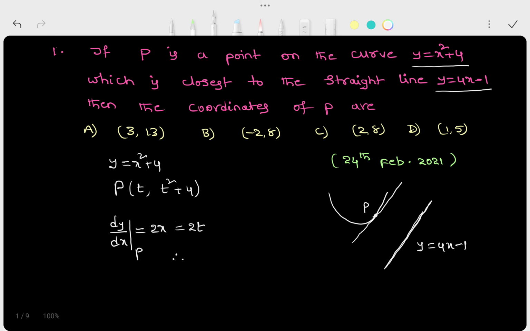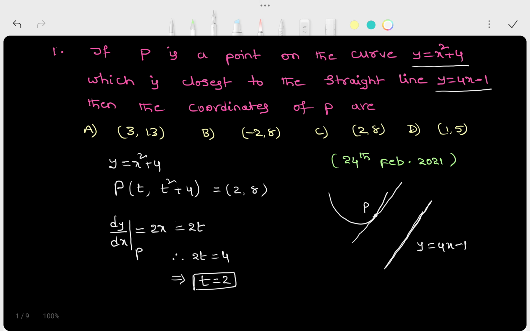Therefore 2t equals 4. From this you can find that t equals 2. After getting the t value, p equals (2, 8).